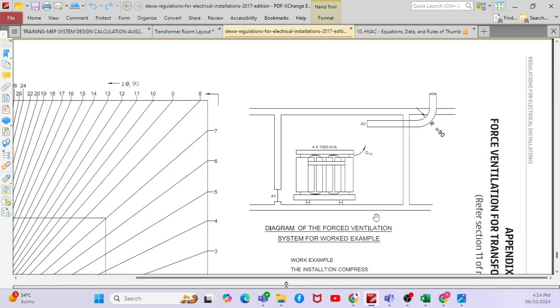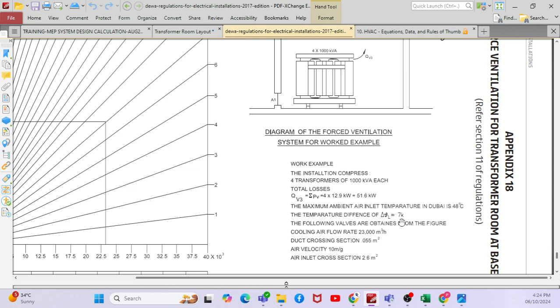So what is the delta T? The maximum delta T allowed is 7 degrees Kelvin. Even when you go through the ASHRAE guideline, they have given design outdoor plus 7 degrees Celsius, right? So here also the guideline gives the temperature difference, which is 7 degrees Kelvin. Say for example, the maximum ambient temperature in Dubai is 48 degrees Celsius plus 7 degrees.